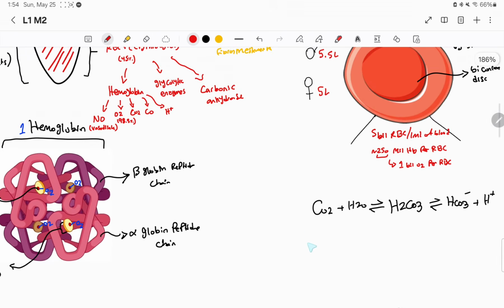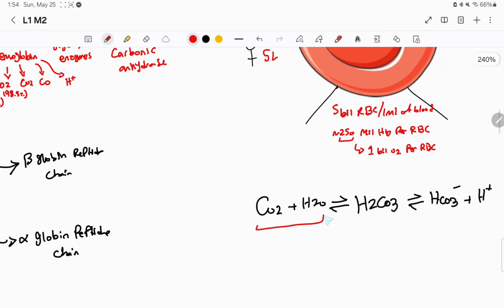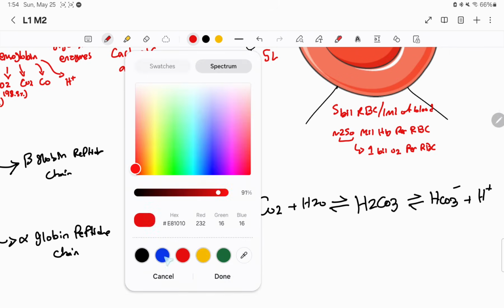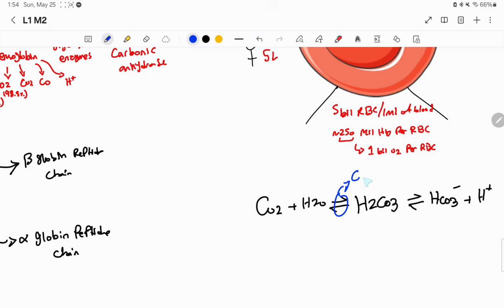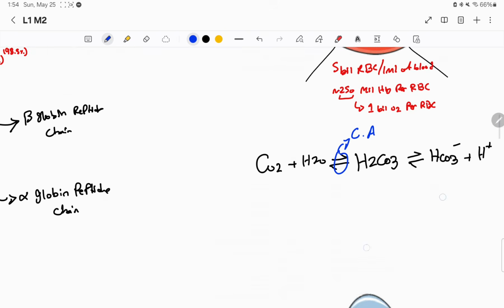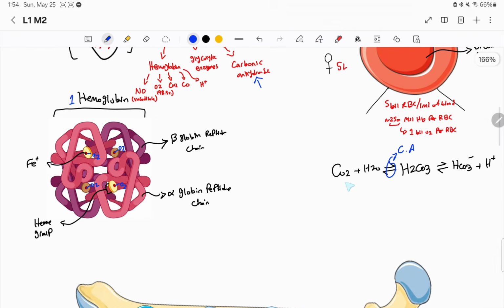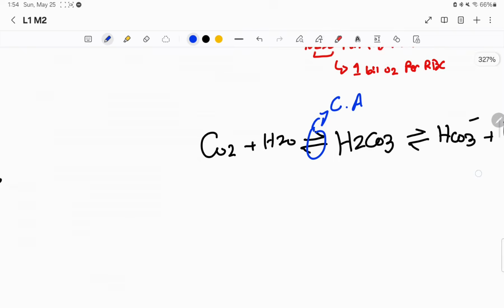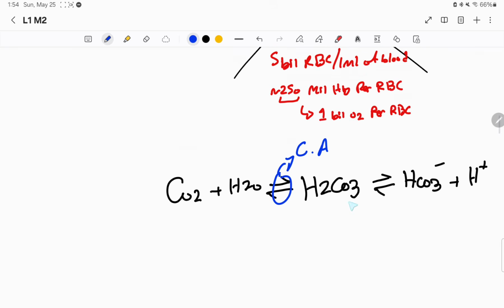Well, once CO2 enters the blood and goes into this red blood cell, right? It goes through this reaction and it goes this way. The CO2 inside of the red blood cell will combine with water, and in the presence of this enzyme that we called carbonic anhydrase, this guy right here, this reaction will continue, where CO2 and water will form carbonic acid, H2CO3, and the carbonic acid, being a good acid, dissociates into this base called bicarbonate and protons.